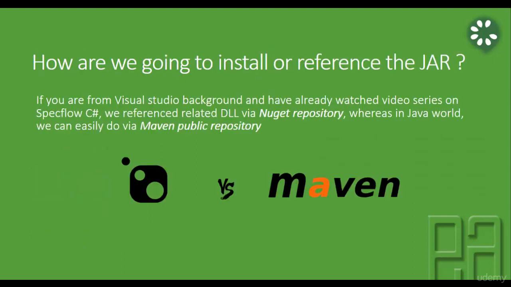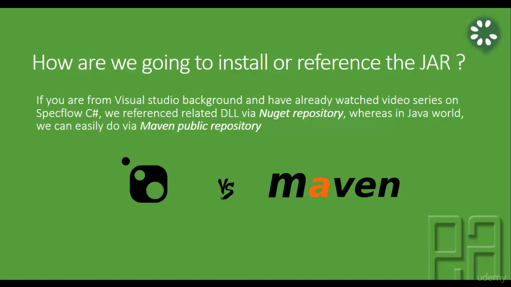So how are we going to install or reference these jar files? If you are from a Visual Studio background and have watched our SpecFlow video series on the Execute Automation channel, we referenced all the related DLLs via NuGet packages or the NuGet package repository, whereas in the Java world we can easily do it via the Maven public repository. They also have a repository which stores all the jar files.